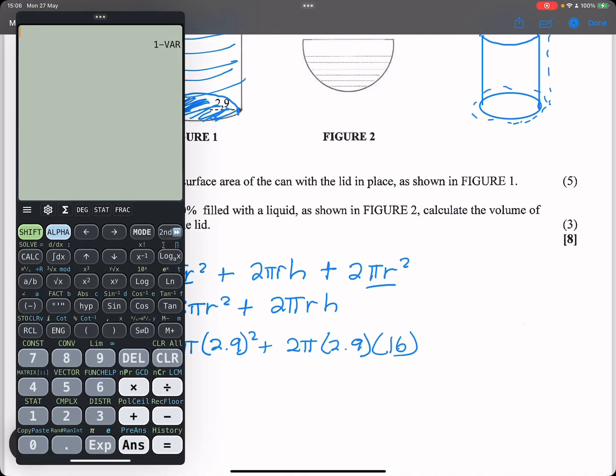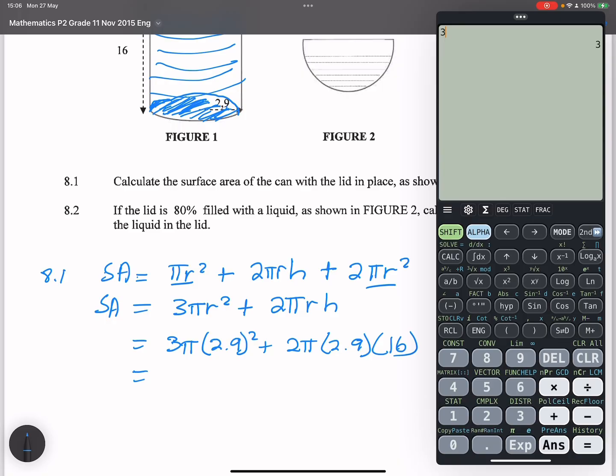So I'm going to say 3 pi times 2.9 squared plus 2 pi times 2.9 times 16.